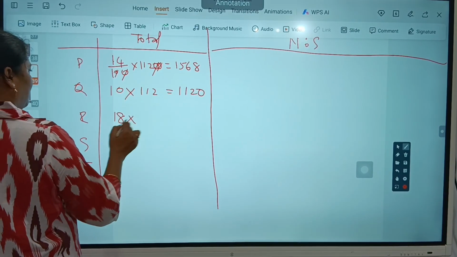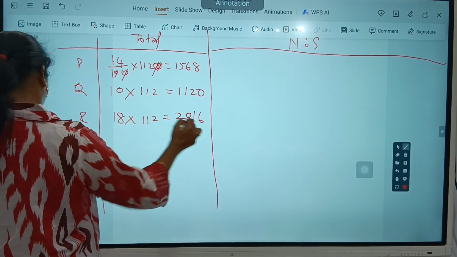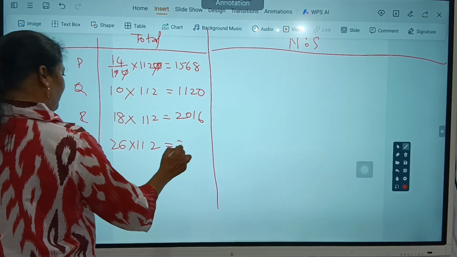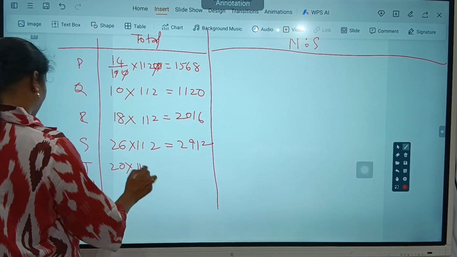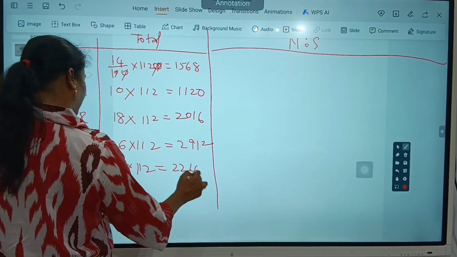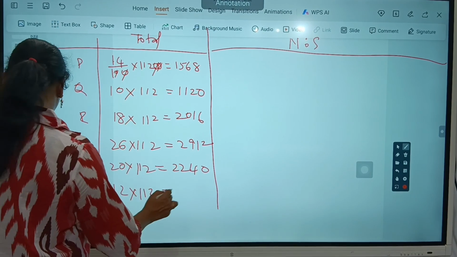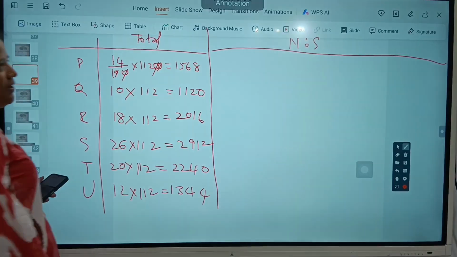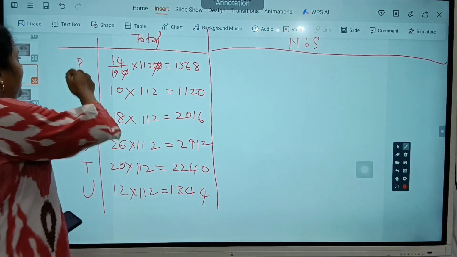In R store 18 into 112, it will be 2016. In S store 26 into 112, it will be 2912. In T store 20 into 112, it will be 2240. And again in U store 12 into 112, it will be 1344. Like this we got the total number of mobile phones in each store.